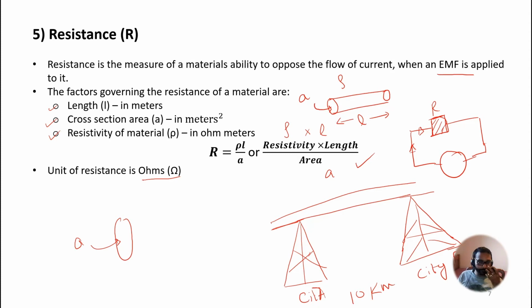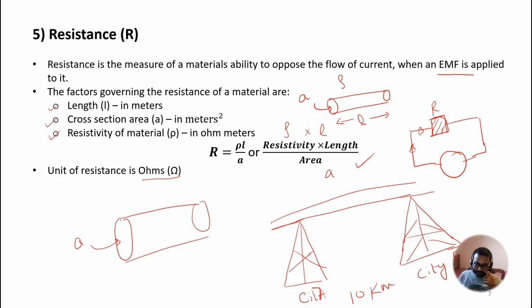Financially also you have to think about that. But we can make those wires a little bit thicker, having a relatively larger cross section area. That's why your transmission wires are quite thick, so that you can reduce the value of resistance.